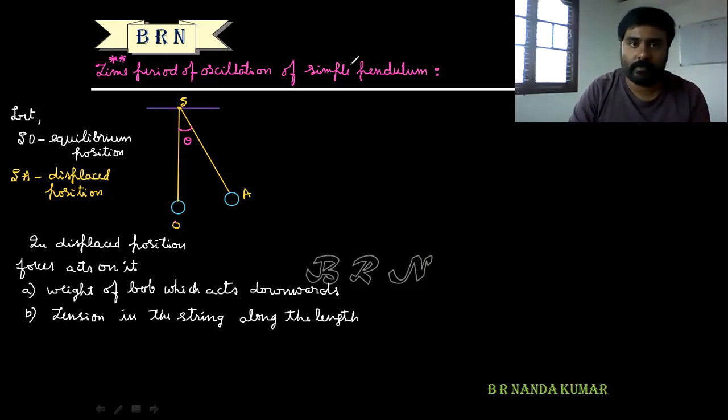So here one is the weight of the bob, which acts vertically downwards, one force acting on the metallic bob at the displaced position. And one more force acting on this bob is the tension in the string, which acts along the length of the string.